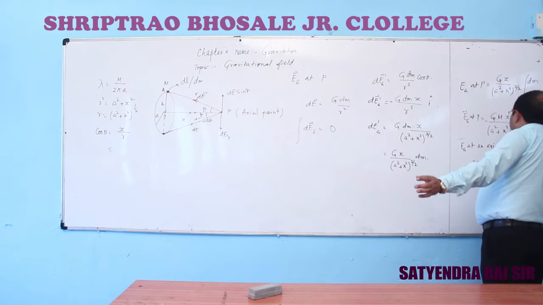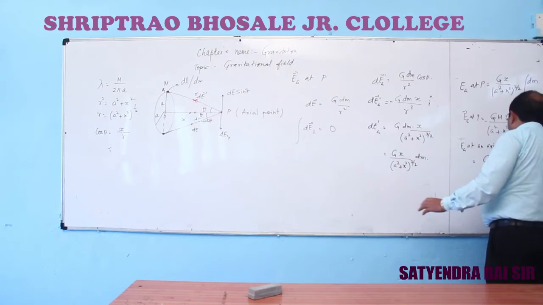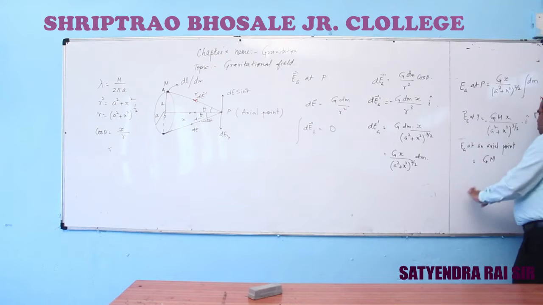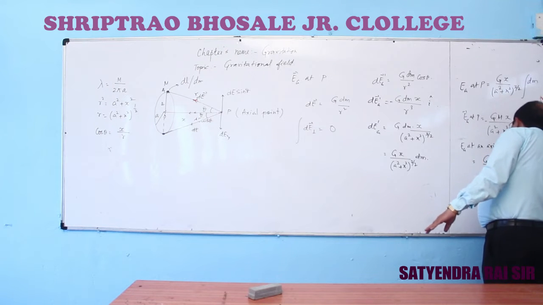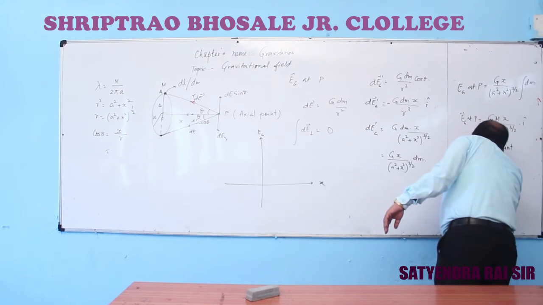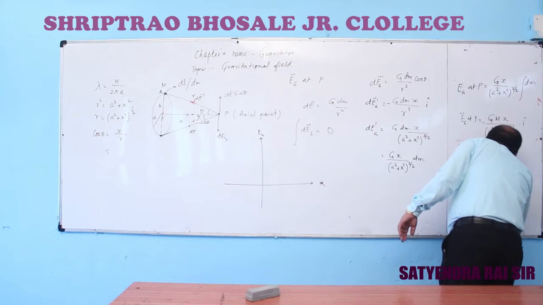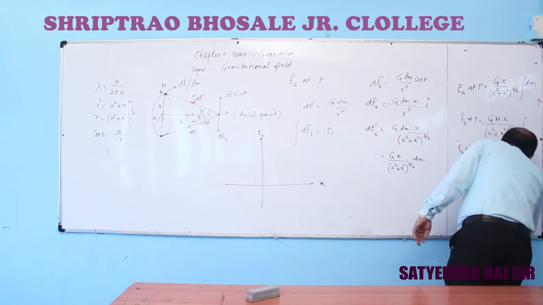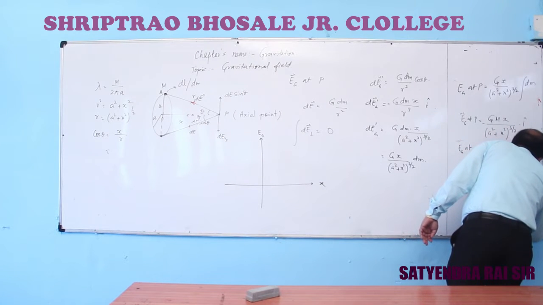So this can be given as GMx upon (a square plus x square) to the power 3 by 2. Now, E_G at the center of the ring.